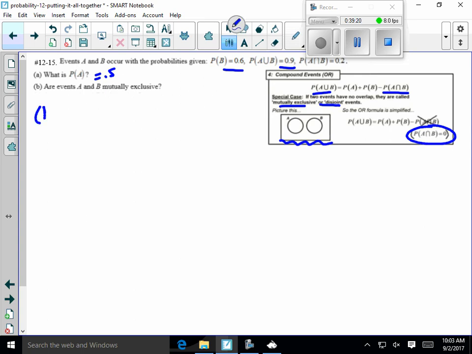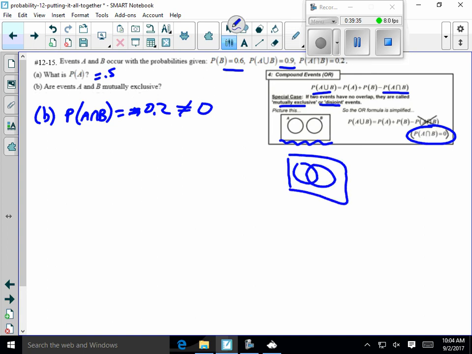But we're given that the probability of A and B is 0.2, and that's not equal to 0. That means there has to be an overlap. In other words, if I were to draw the Venn diagram, I would have A and B overlap so that I could put 0.2 in the middle. So the fact that that's not 0 means the answer is no. It's not mutually exclusive, because the probability of A and B is not 0. That would be the way we could answer that question.